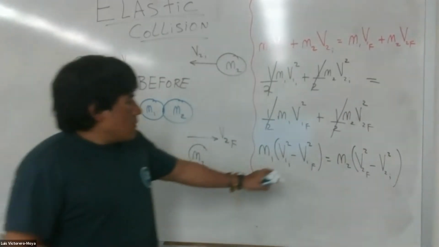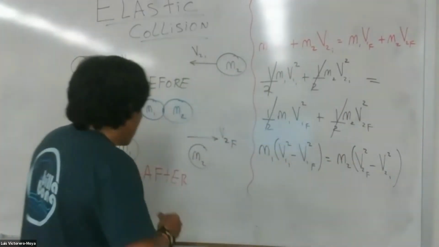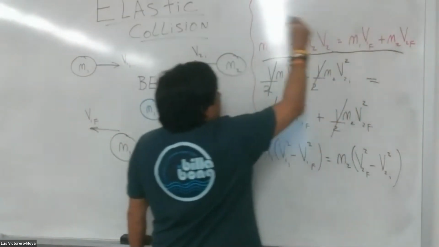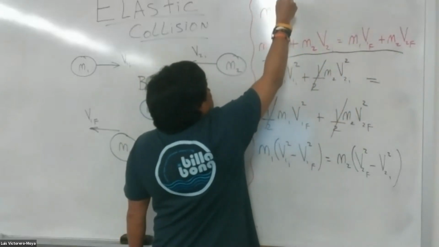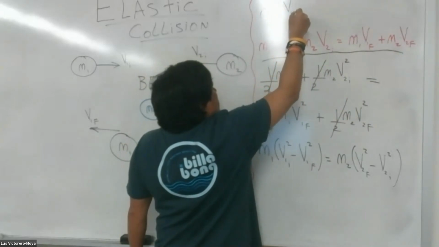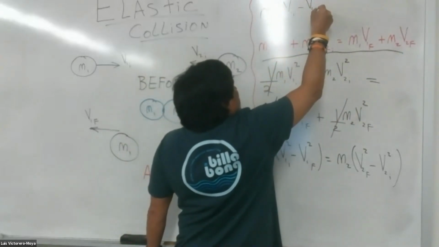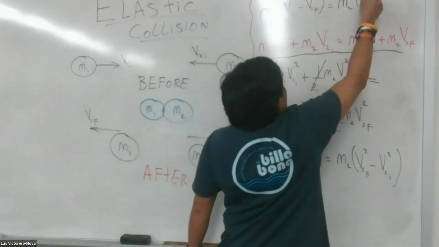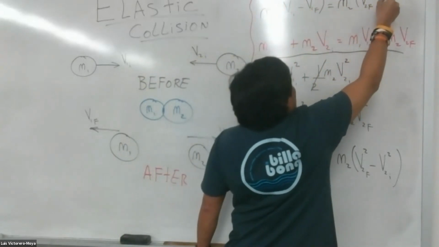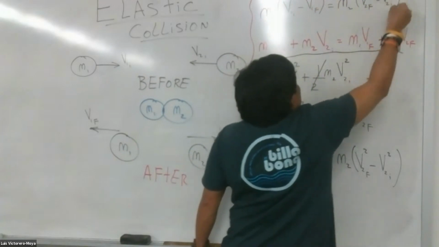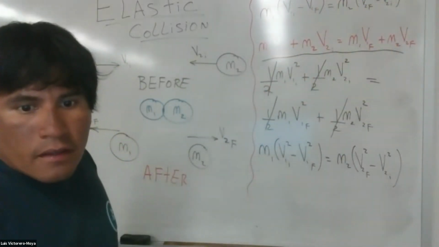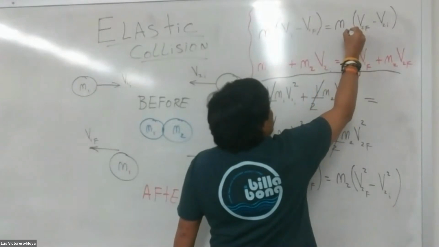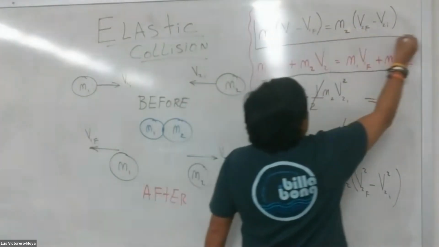Why do I do that? Because this is a difference of squares. So this equation I can write like this. I rearrange and I get this.